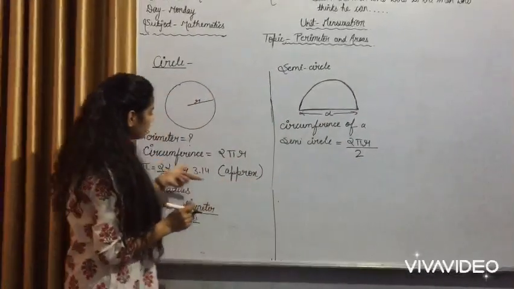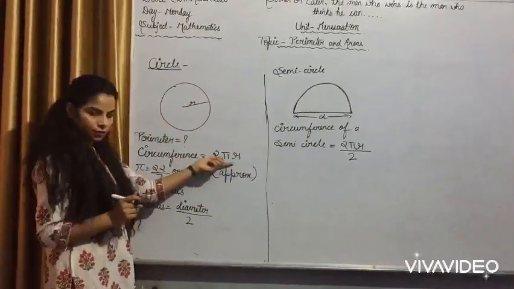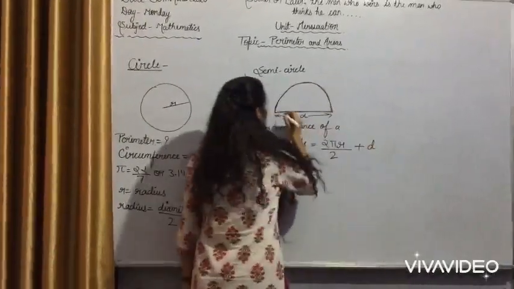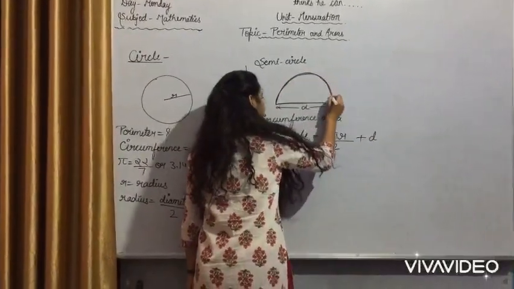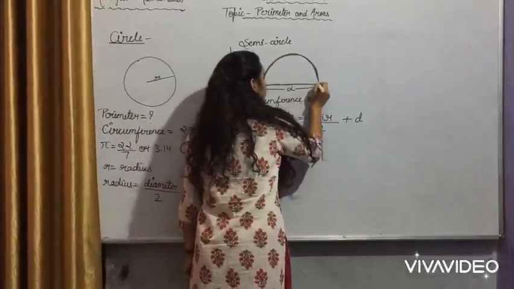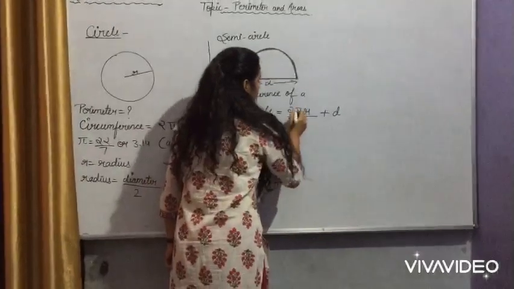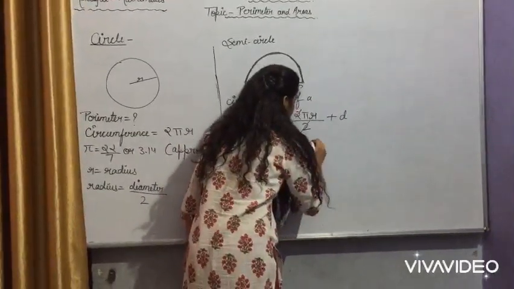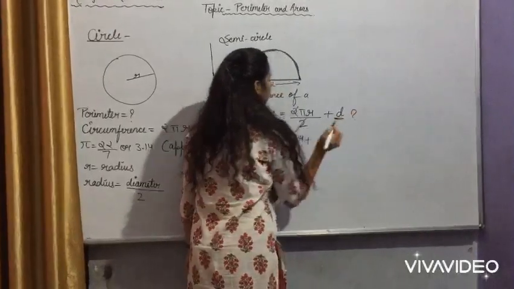So the circumference of a semicircle can be taken out by dividing the circumference of a circle by 2, plus the diameter. This curved boundary line, plus this straight line, which is the diameter. These two will cancel out. So this is pi r plus, what is d? How do you write d?